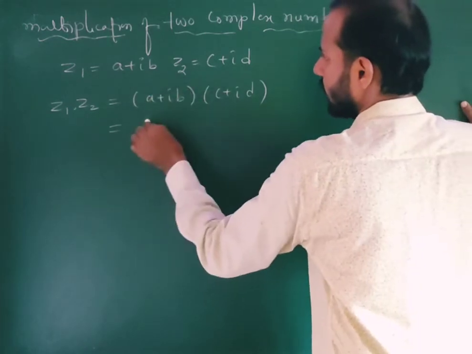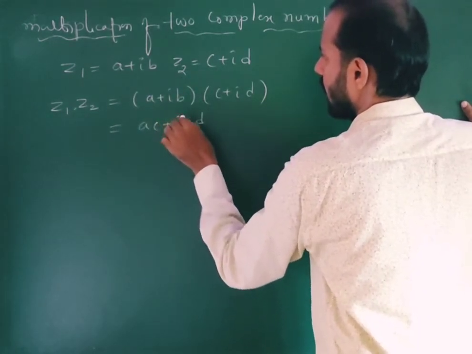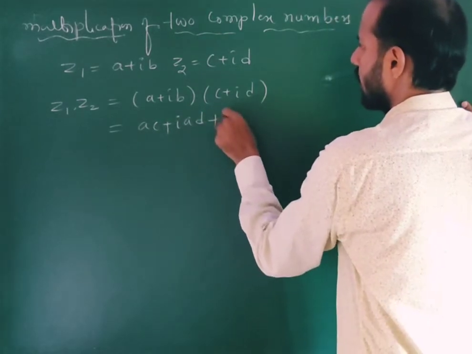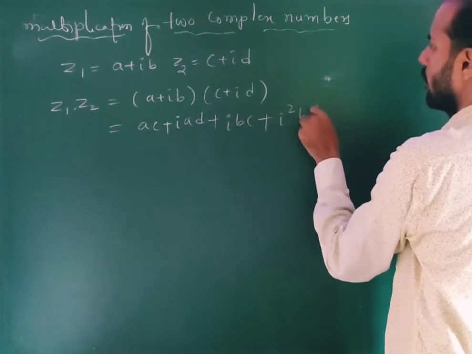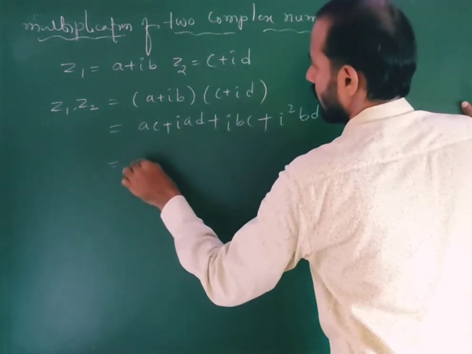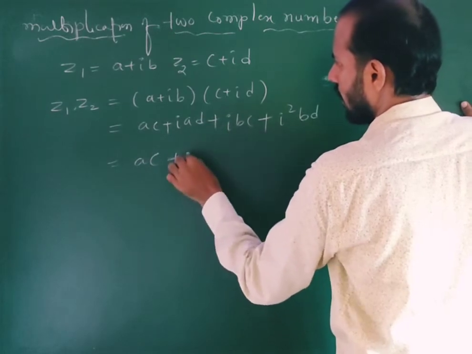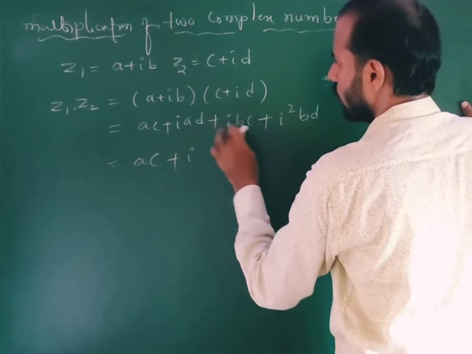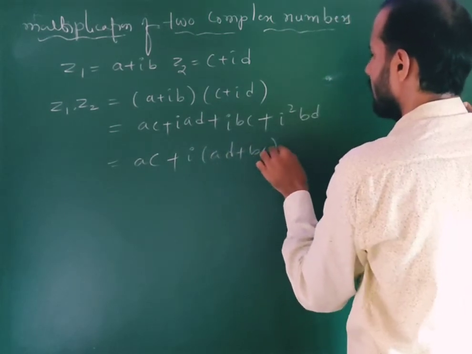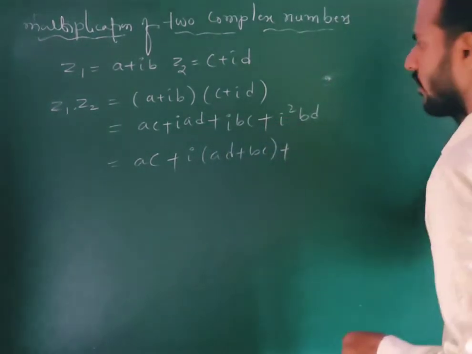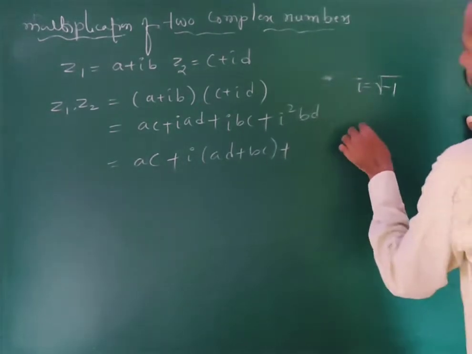First ac, next a into id, next ib into c, next i squared bd. Now ac as it is, plus i is common in these two terms. Now take ad plus bc, plus i squared. Here we already know the value of i. Iota value is under root of minus 1.